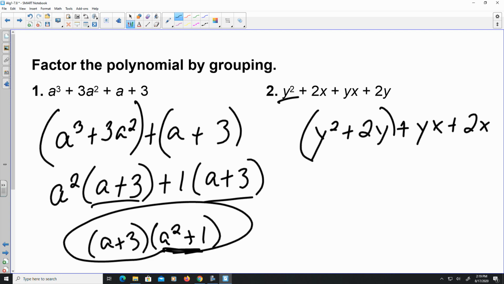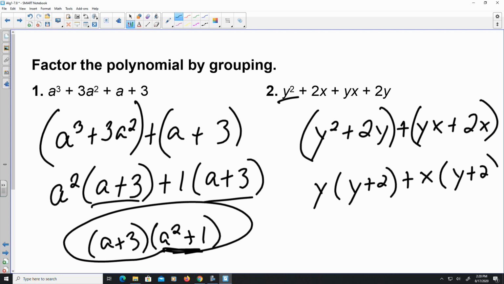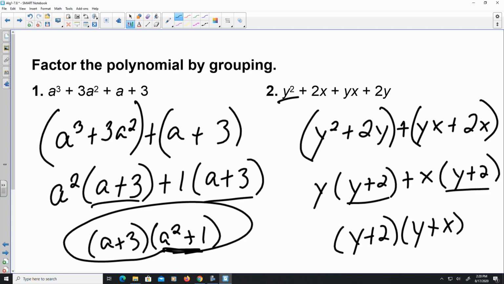So group them up. Now here, this is going to be y, and then it's going to be y plus 2. Got the plus, write that in there. And looks like we're going to have this as x, and then this is going to be y plus 2. We have our common binomial, so I've got y plus 2 times the quantity of y plus x.